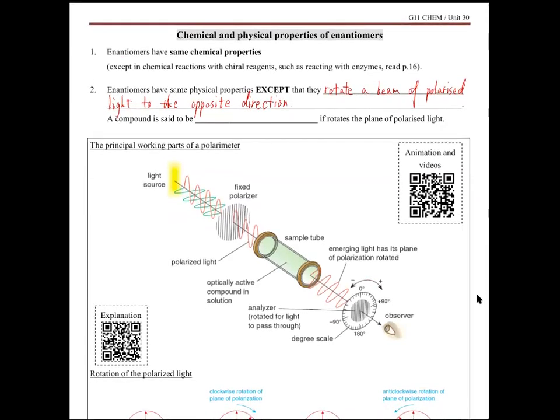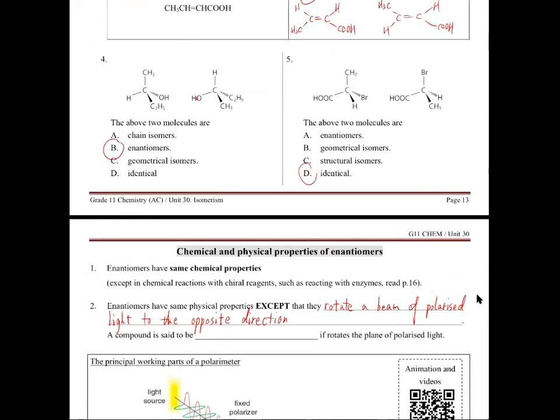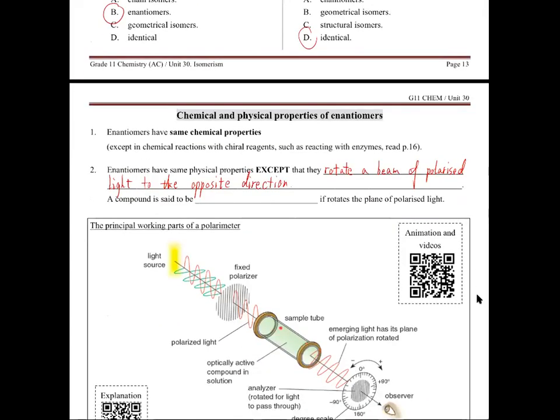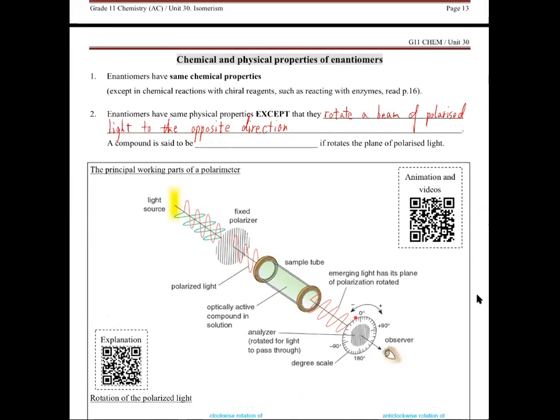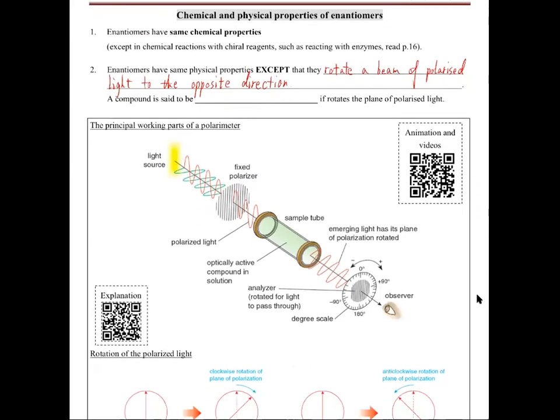So its enantiomer, which is this molecule, when we put it in the tube, it will rotate the light in the opposite direction, anti-clockwise, but with the same degree, 40 degrees. So that's the different physical property for enantiomers. They rotate the light in opposite directions, but with the same degree.